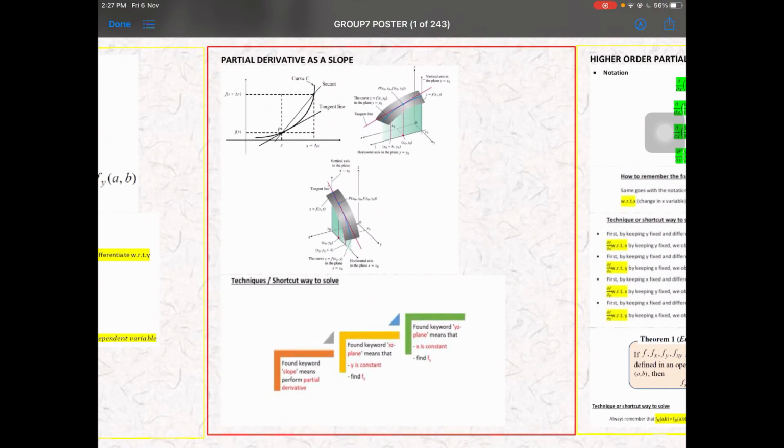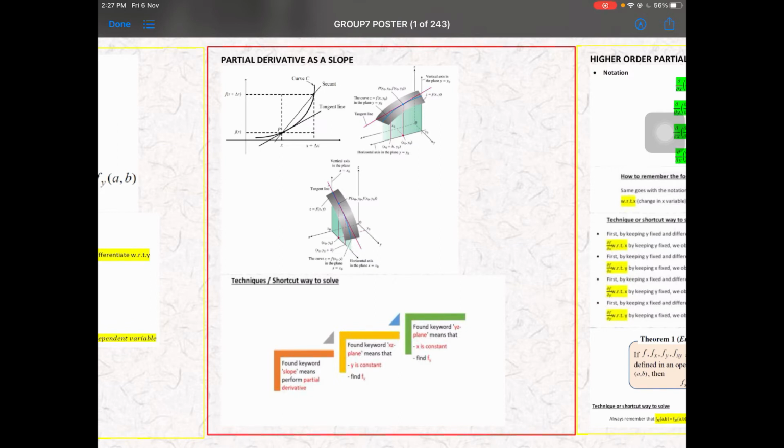The next part of my presentation is the partial derivative as a slope. When we do the partial derivative, we have to visualize that we are given a function of two variables floating over the xy plane of a graph.